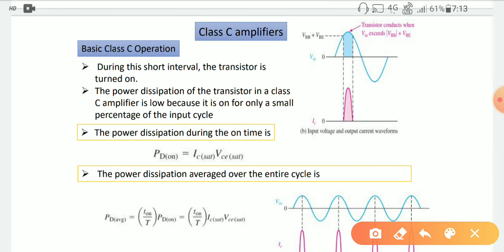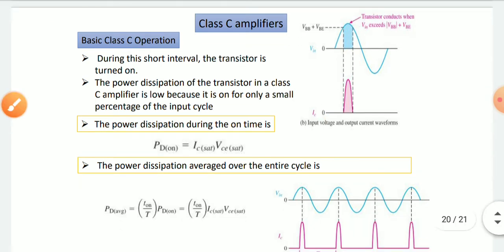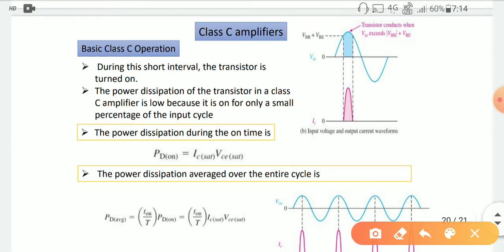If you consider this as V in, only this duration is used for getting the output. This is the output waveform which we got through the IC. From this picture we can understand that during this short interval the transistor is on, which is used for the design of the Class C amplifier.